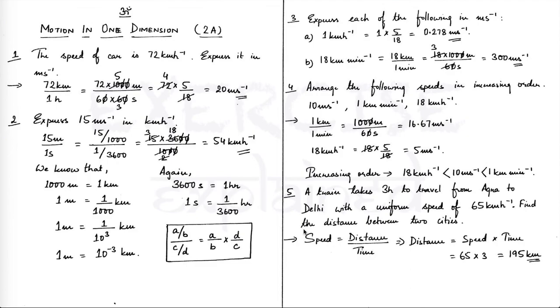Distance will be equal to speed into time, since time goes to the other side and gets multiplied. So the speed is given as 65 and time is given as 3. So 65 into 3 gives me 195 kilometers. So the distance between Agra and Delhi is 195 kilometers.